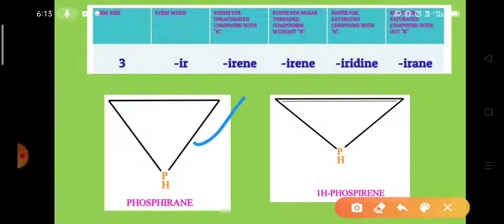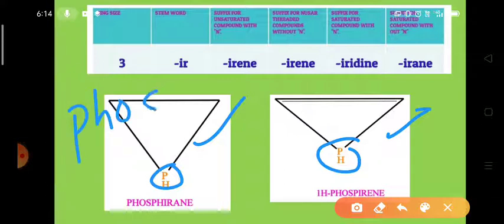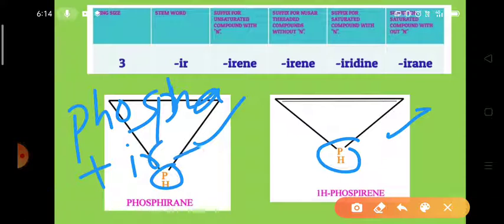This is saturated, this is unsaturated. The heteroatom is phosphorus in both. So both these are phosphorus heterocyclic compounds. For both these compounds, we have phospha as the prefix. And as they are three-membered rings, we would use ir.